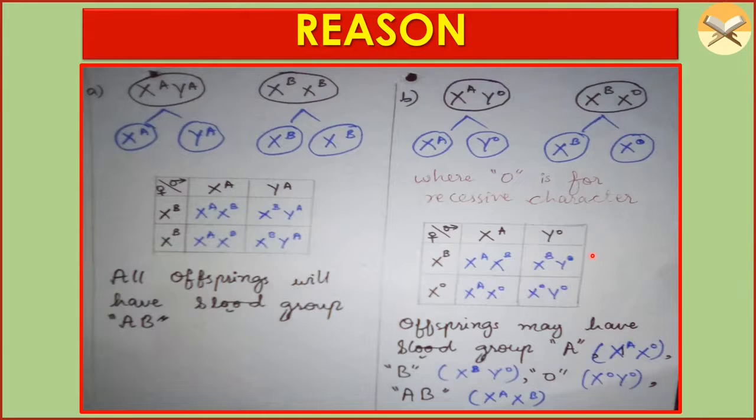Otherwise, you will not get their genotypic ratio. Then here a cross is made between them and 4 types of offspring are produced. In case of incomplete dominance, the offspring will have the chance to carry either blood group A or blood group B or blood group O or blood group AB.